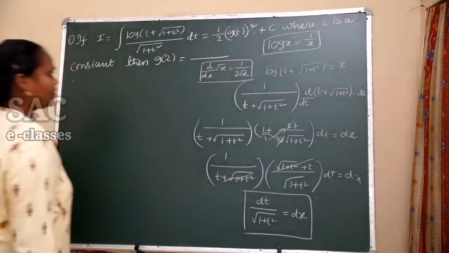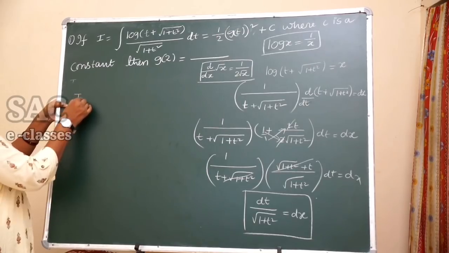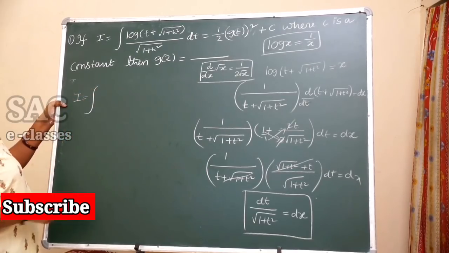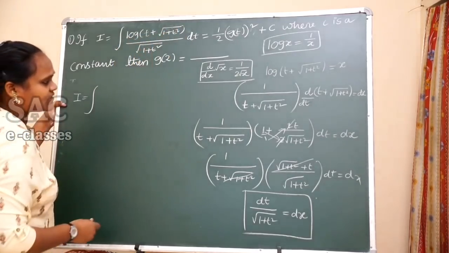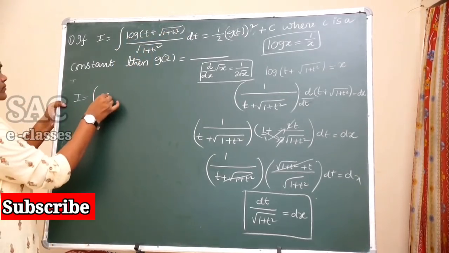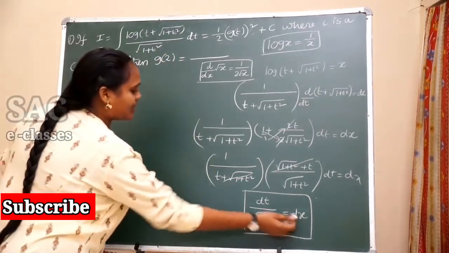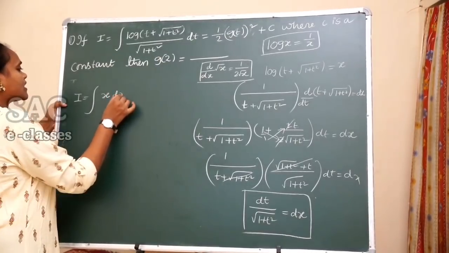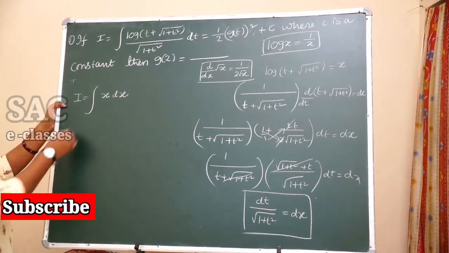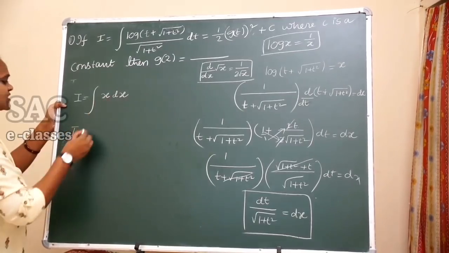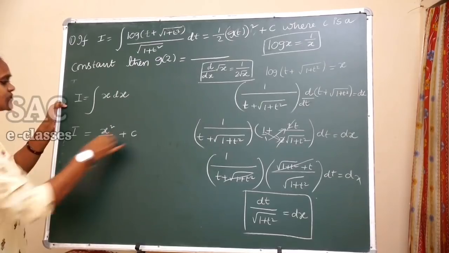Right? So what can we do? I is equal to the integration of log of t plus root over 1 plus t square, which I have taken as x, times dt by root over 1 plus t square, which we have got as dx. So clearly the integration is x dx. You all know that the integration of x dx is x square by 2 plus some constant c.